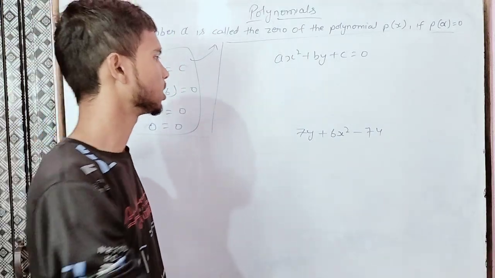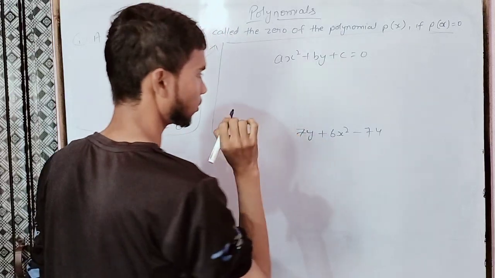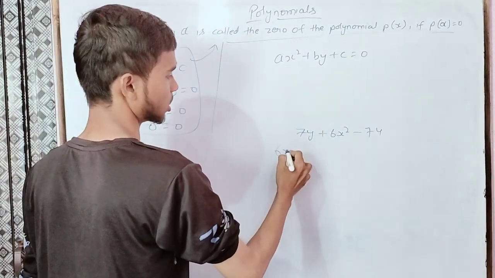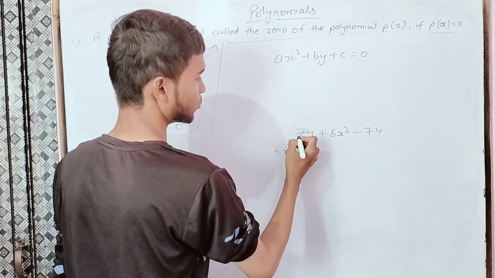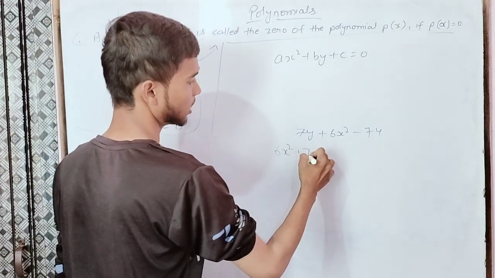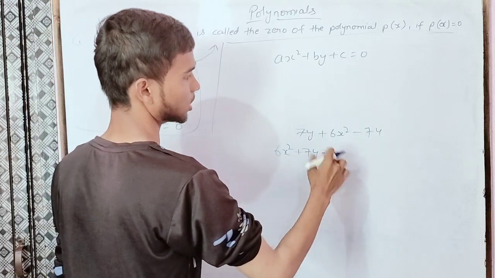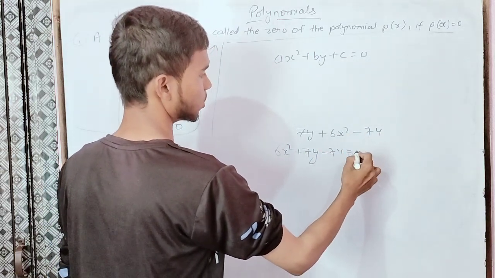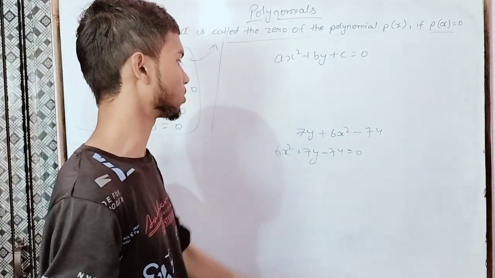First of all, let's arrange it in this form. First is 6x square, so we write it in the first place. Next is 7y, with addition, and in the third term 24, equal to 0.